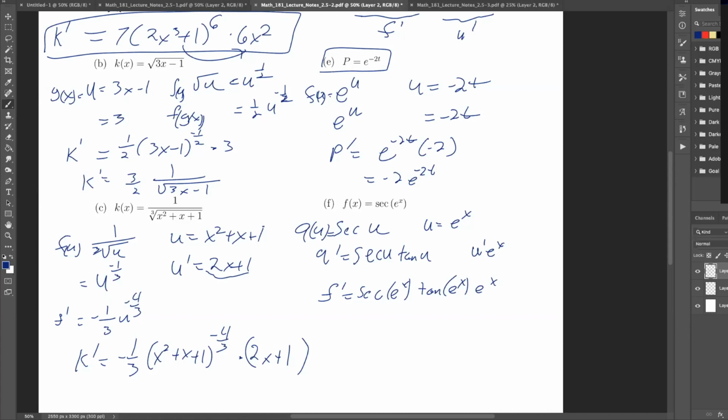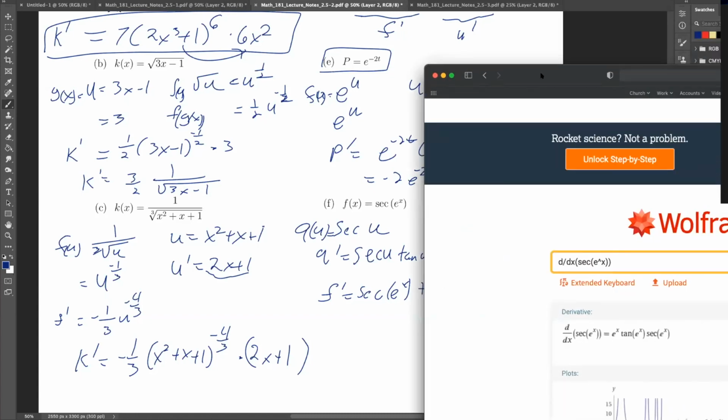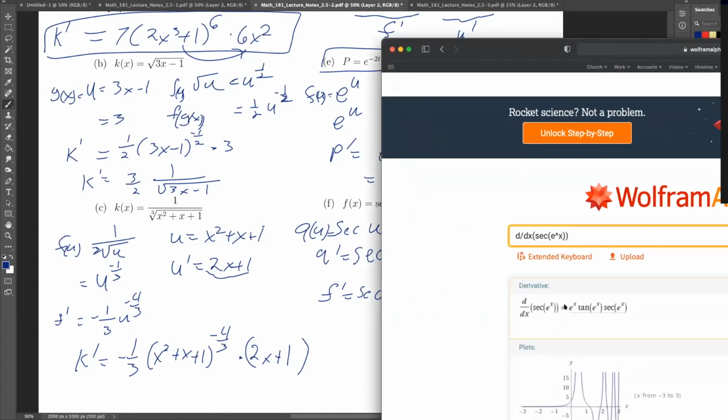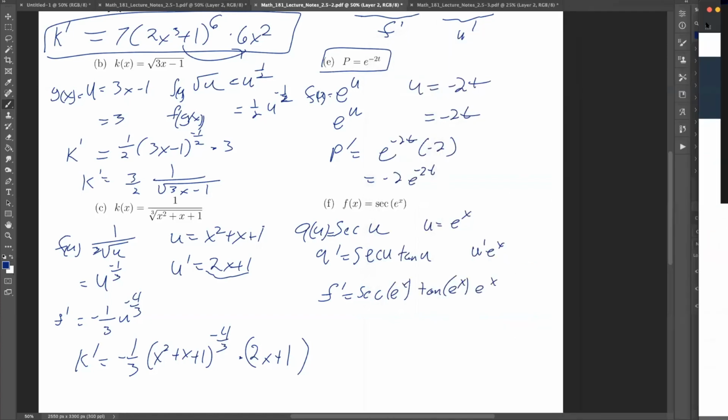Everyone okay with that? If we just crunch that in, we see that's indeed what we get, except they put the e to the x up front and the tangent up front. But still, it's the same.